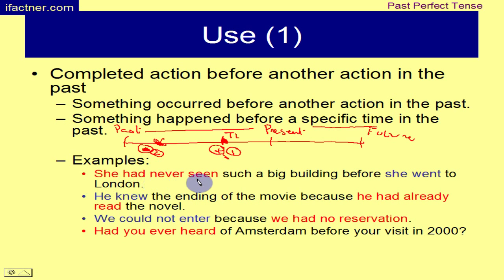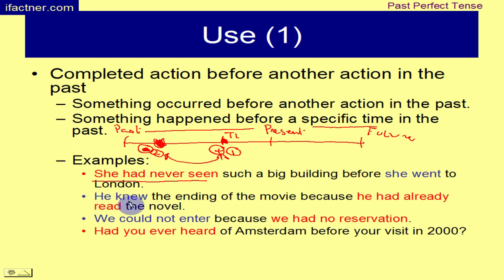She had never seen such a big building before she went to London. Let's say that she went to London over here, and before that she had never seen such a big building. So the older action is represented by past perfect tense.